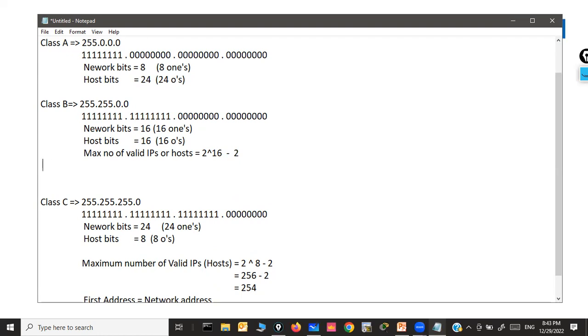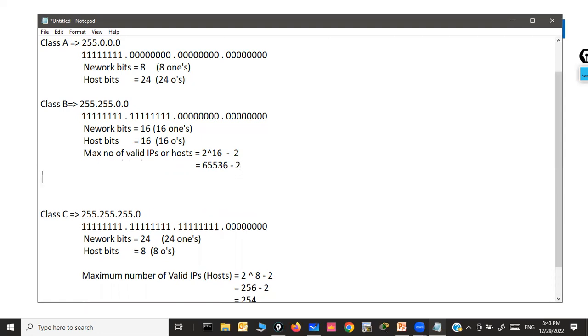So 2 raised to the power 16 equals 65,536. You can use a calculator for computation purposes, right? 65,536 and then minus 2.